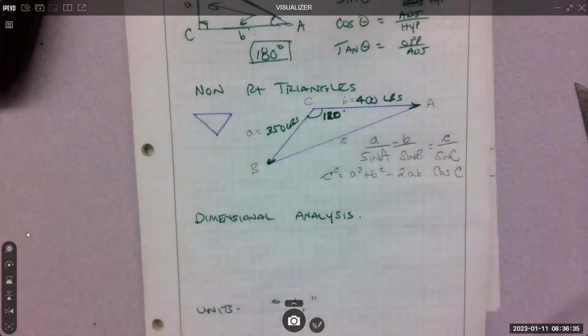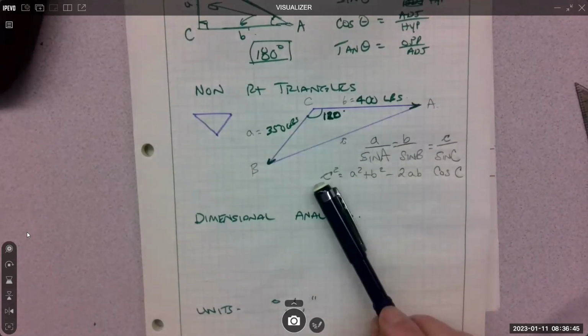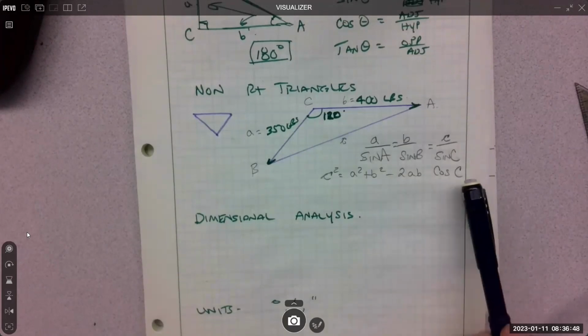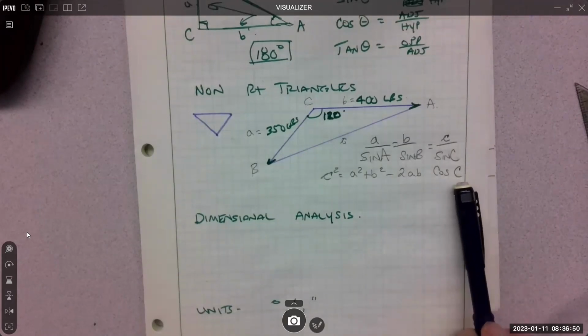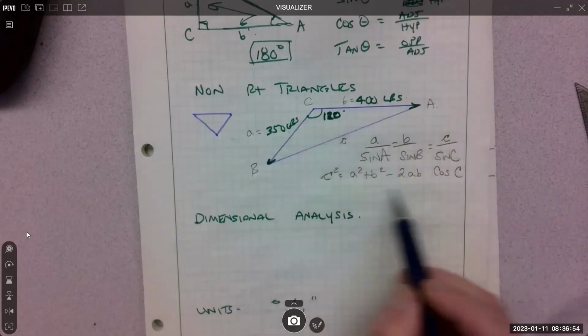But again, it's early in the chapter. You can find it. So it works with sides C, A, and B, and angle C. So here's the deal. If you know two sides, it's going to be cosine law.